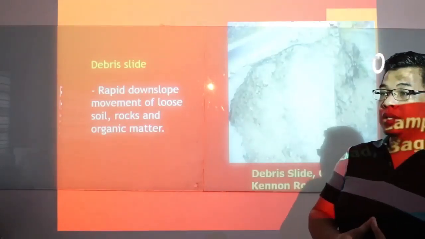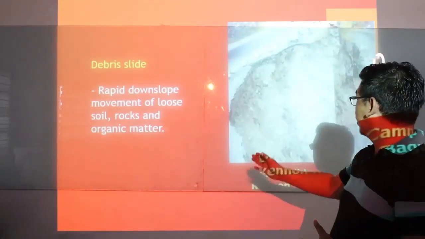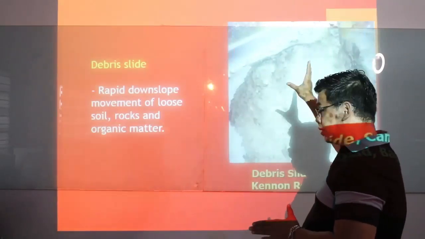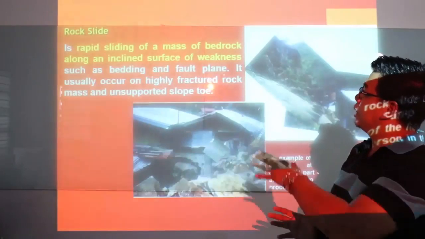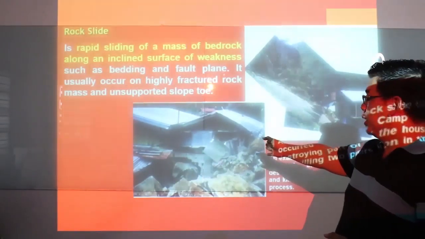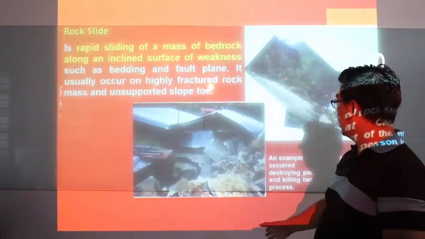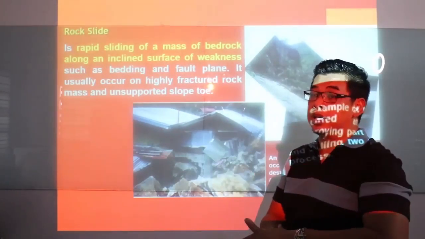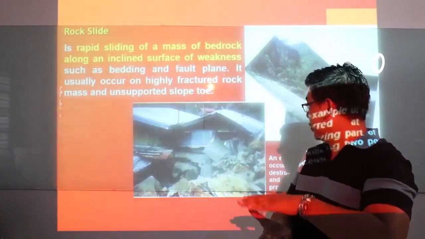And then we have debris slides. That's common in Baguio. You can see there's a highway, and then a portion of the landmass tends to fall down. Now, we have the rapid sliding of mass bedrock, and then we have the weakness of the foundation, or let's say the landmass. The tendency of the house is to fall down because there's not enough support for the house to settle.